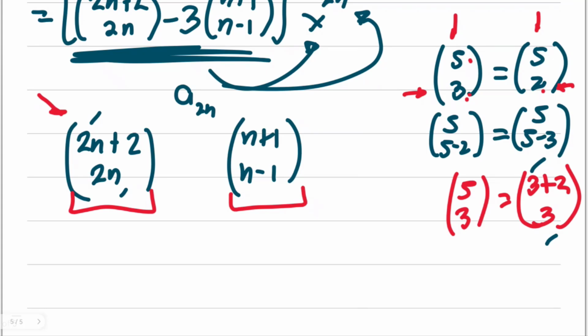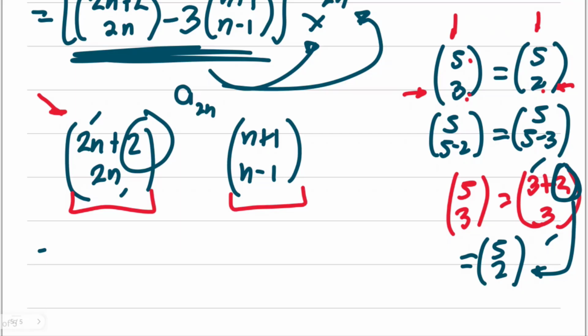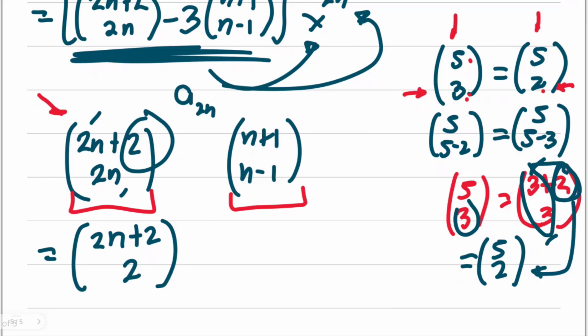So we can simply use this other value, as this is also equivalent to 5 combination 2. So instead of 2n plus 2 combination 2n, using this is also equivalent to 2n plus 2 combination 2. The addends earlier give a combination 3, but this could also be taken here, and they're equal to one another.